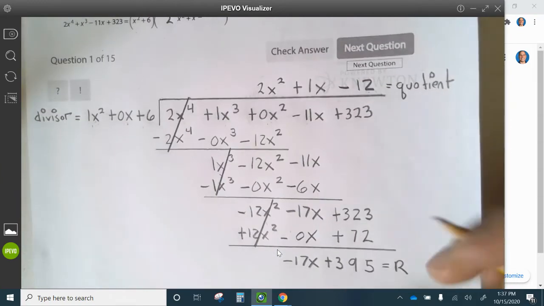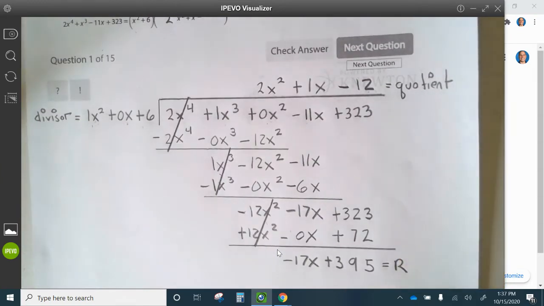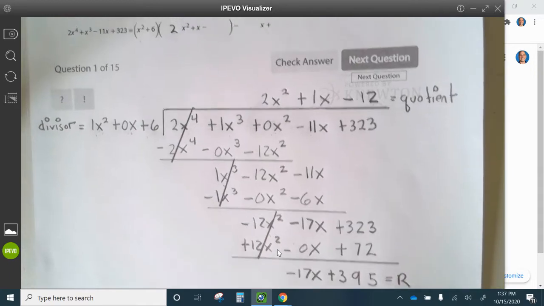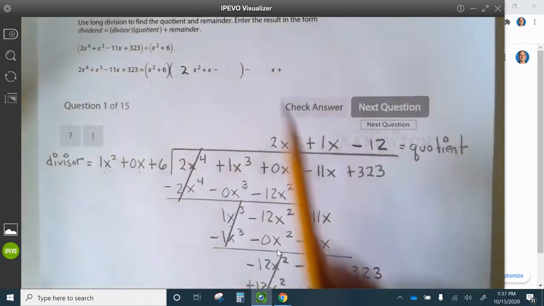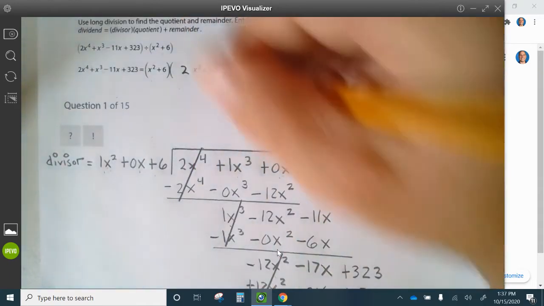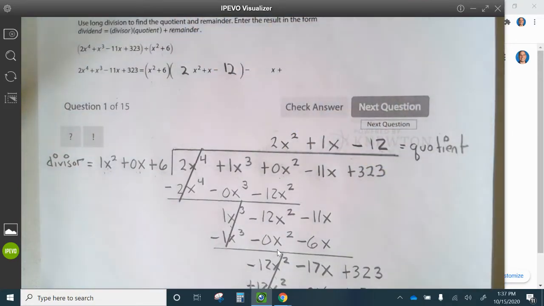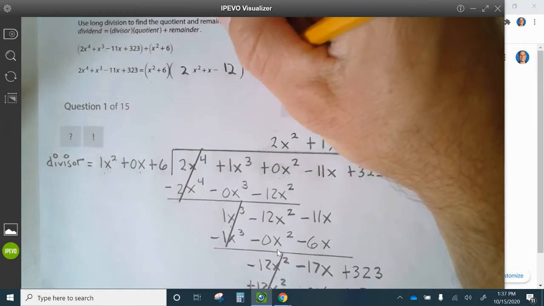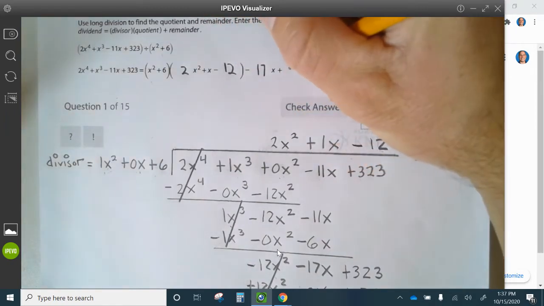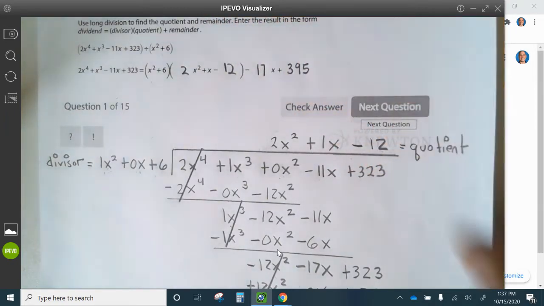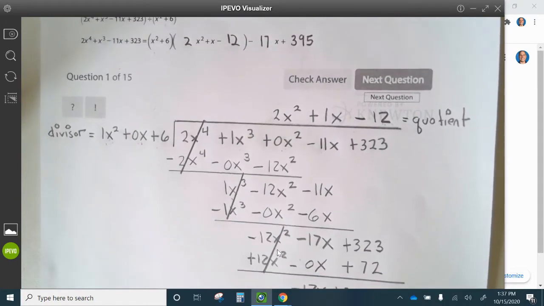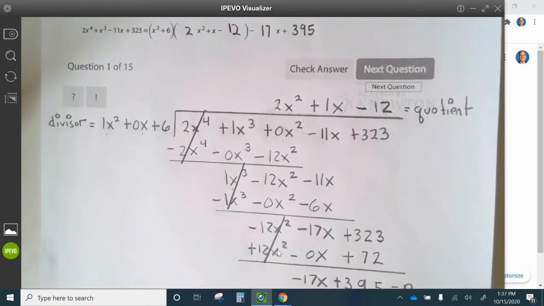And that's the remainder, which we'll just call r. Then we have plus the remainder, which is minus 17x plus 395. Okay, go ahead and finish up problem number 1.